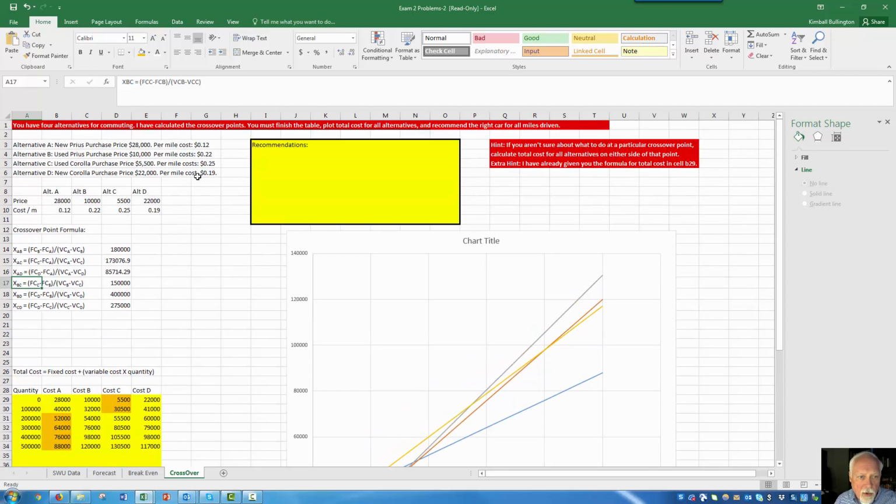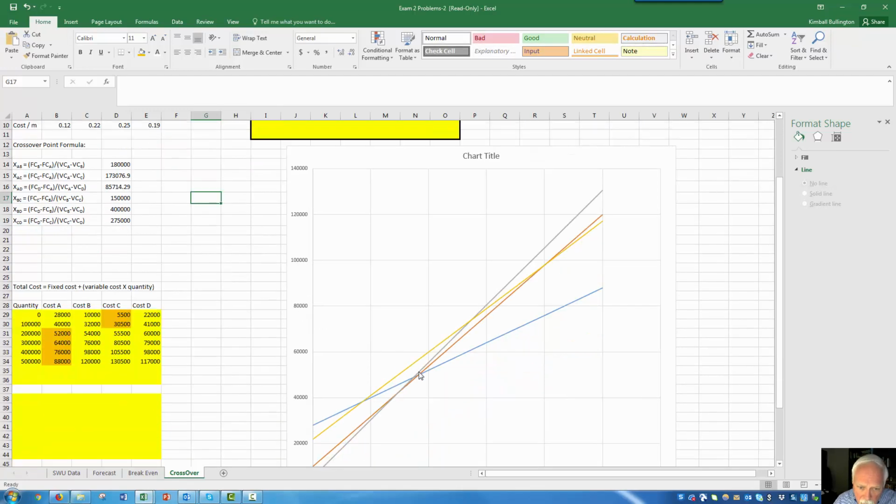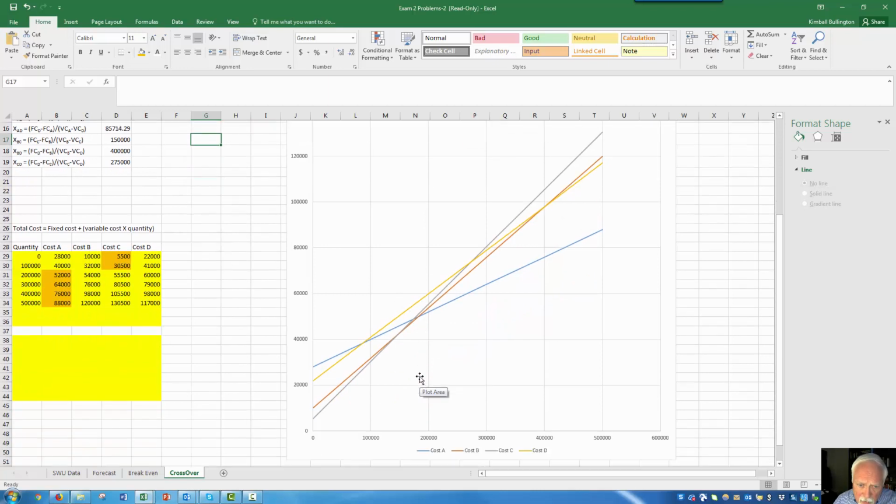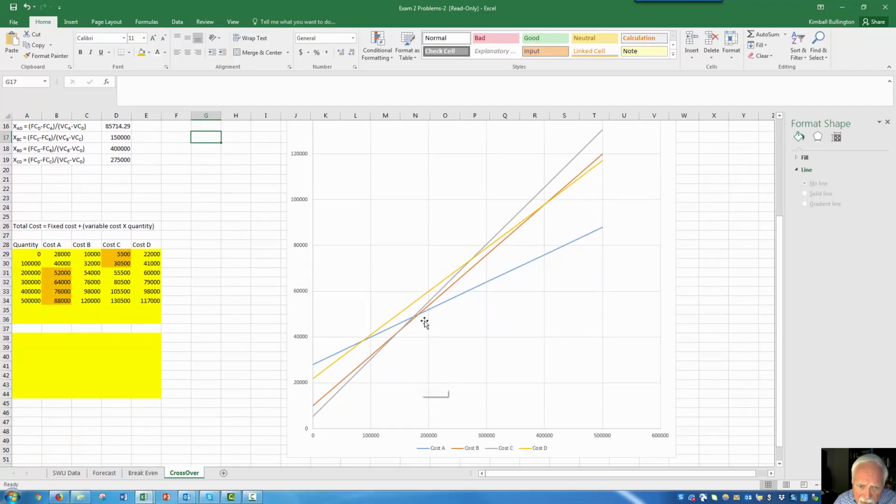So we can already say, okay, I recommend alternative C from 0 to 150,000. I'm recommending alternative B from 150,000 to something. What is that? Well, alternative A beats out alternative B right here.